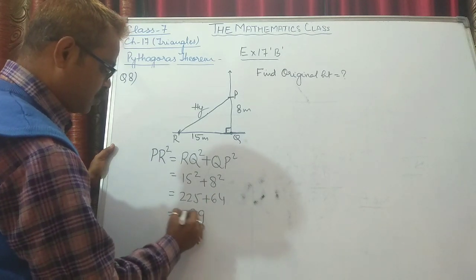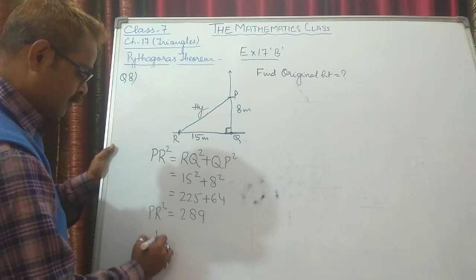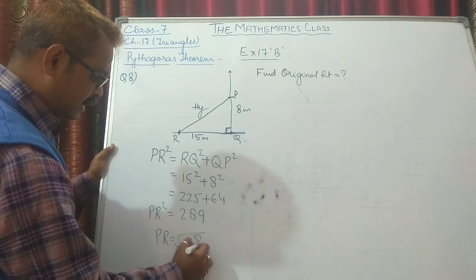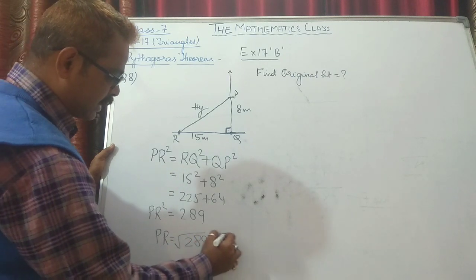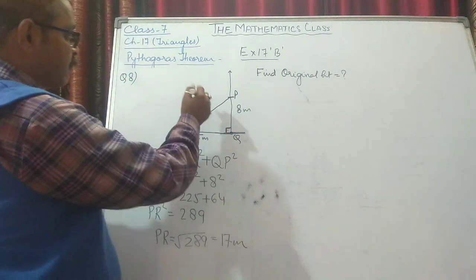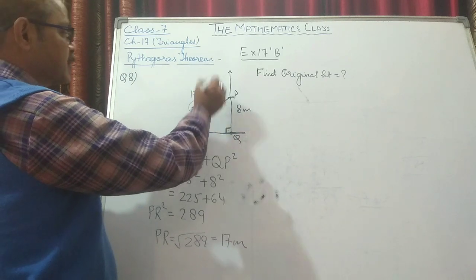Adding, we get 289. PR square is 289. So PR will be under root 289. Under root of 289 is 17 meters. So we got this hypotenuse as 17 meters.